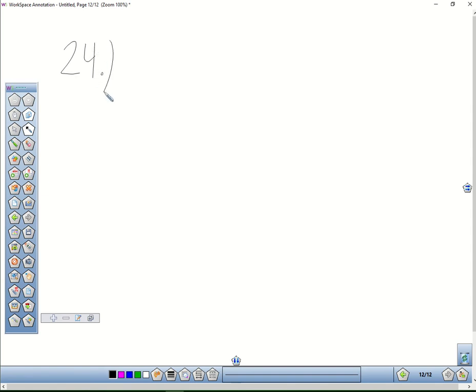So number 24 is m squared n squared minus 49. So I can't factor out any GCF because I don't have one, but I have the difference of two terms that I can take the square root of.